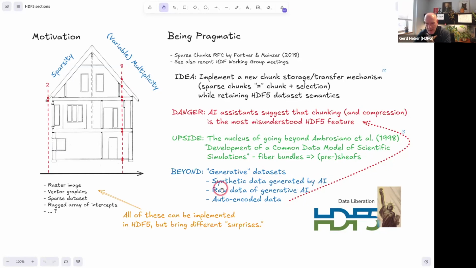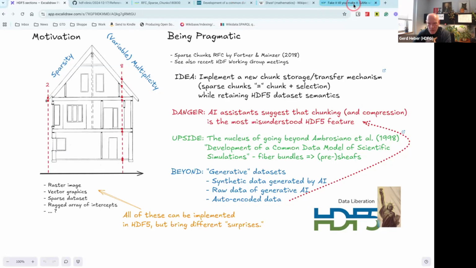Some others say the generative data sets are actually the raw data that generative AI uses to create synthetic data. So it's interesting either way. There are different mechanisms at work here. But I think there are some interesting use cases for both, and we should think about how we can support this in HDF5.